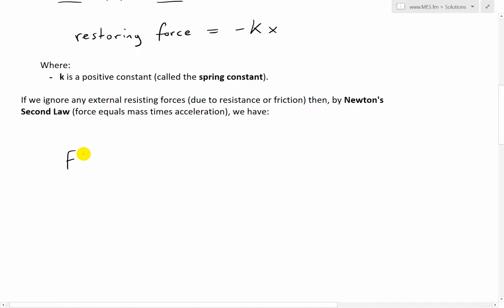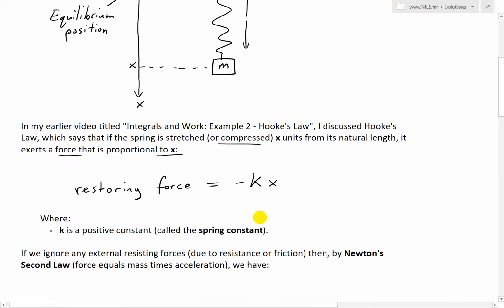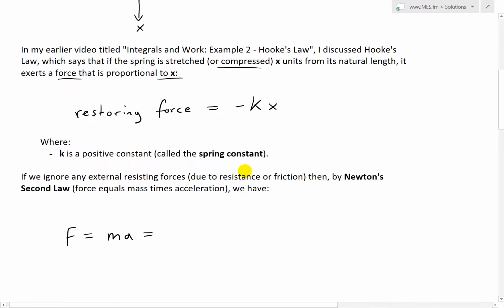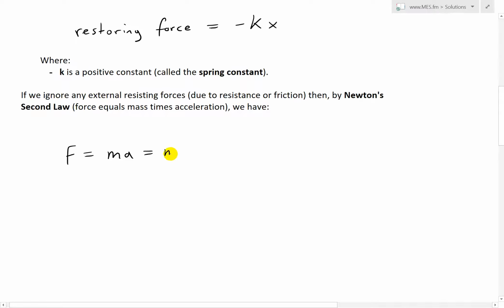So that restoring force, we'll call it F, is equal to mass times acceleration of this object, and since we know its position x, this is equal to the second derivative.